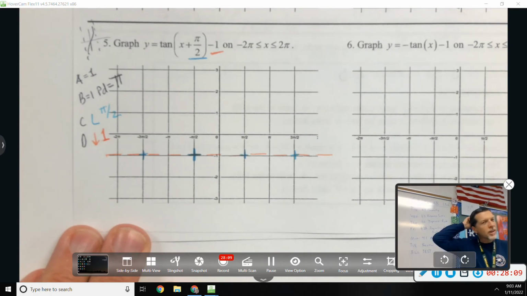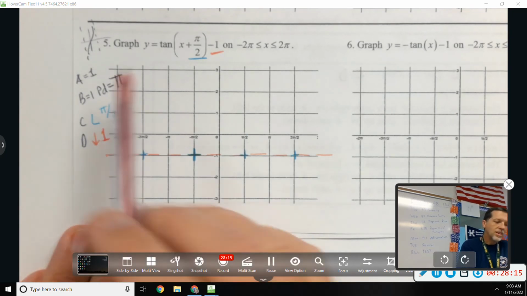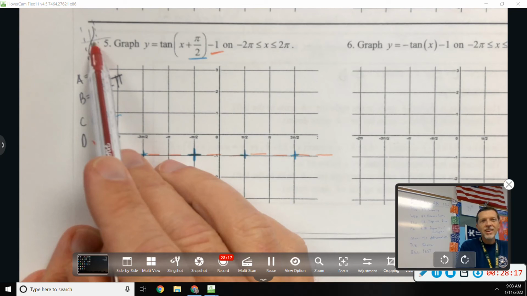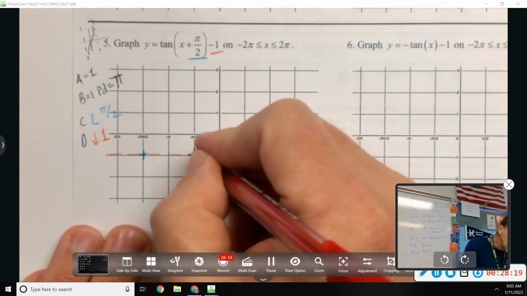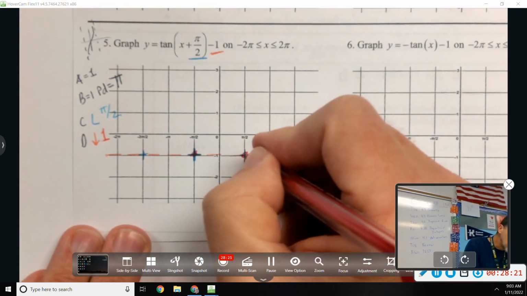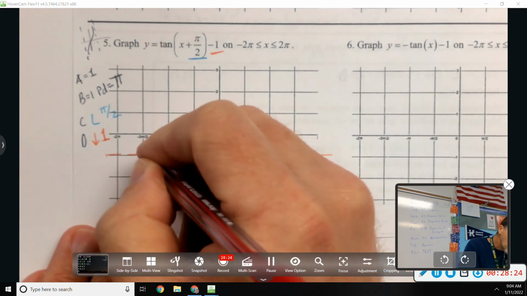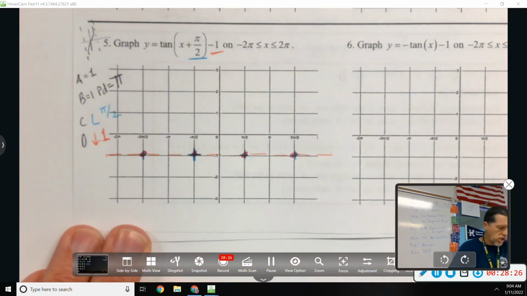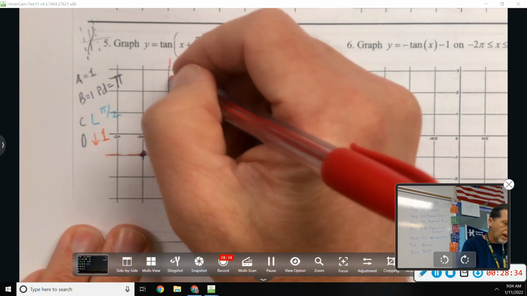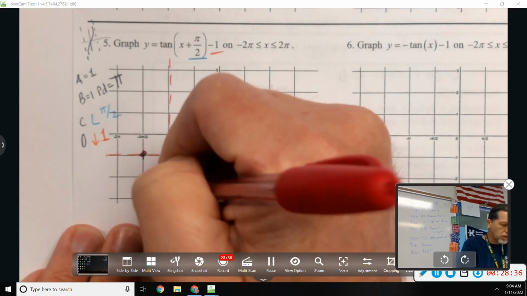Now, what's going on at the origin? Is that an asymptote or a 0 for tangent? Look at my picture. It's a 0. So all those new origins are zeros. And what's going on in between the zeros? Each half step from that is an asymptote. Yeah, in between the zeros are asymptotes.